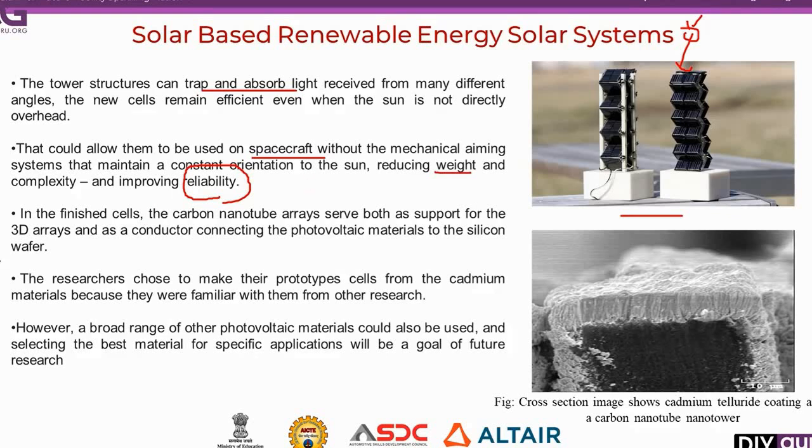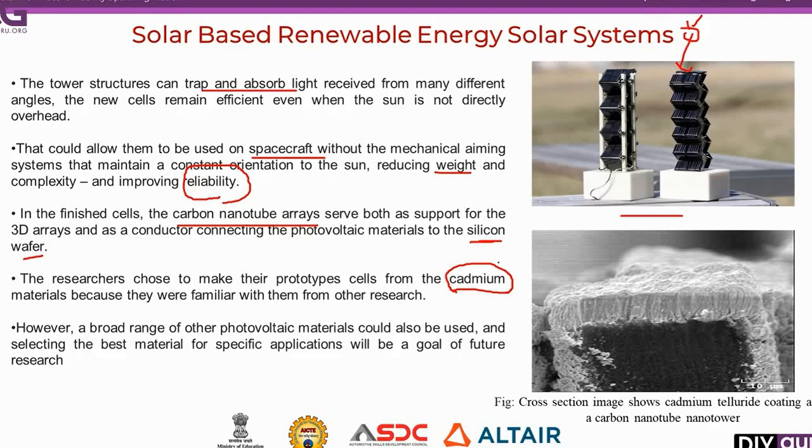In a 3D cell, we have carbon nanotube arrays which serve as the support as well as a conductor connecting the photovoltaic material to the silicon wafer. But the researchers are now trying to make this photovoltaic cell with the help of cadmium, since we are already familiar with cadmium in battery technologies.